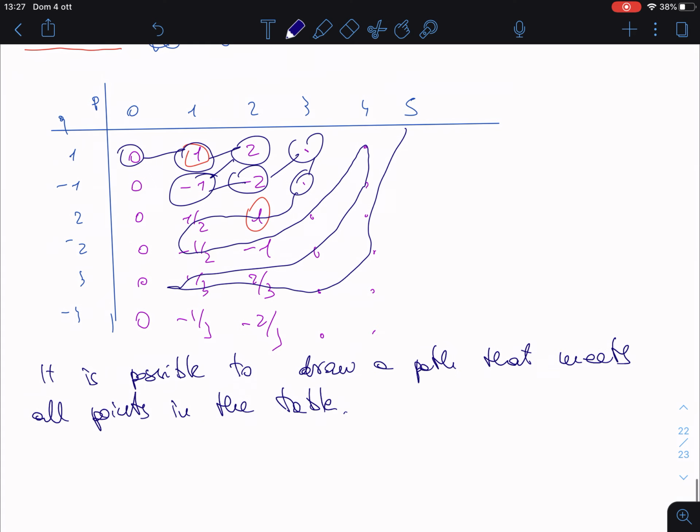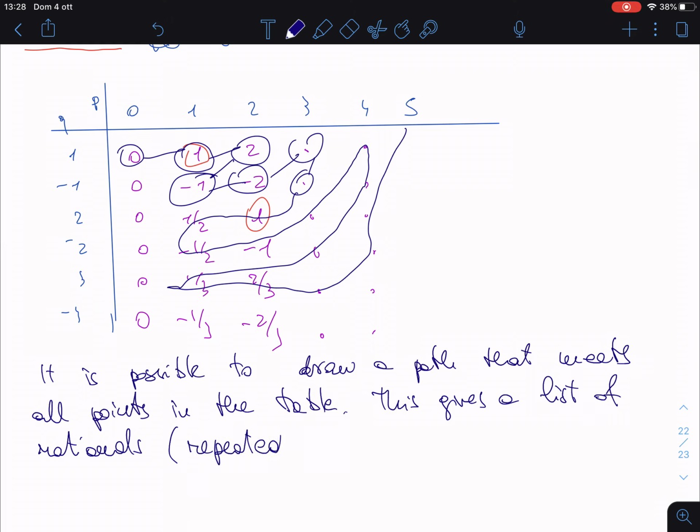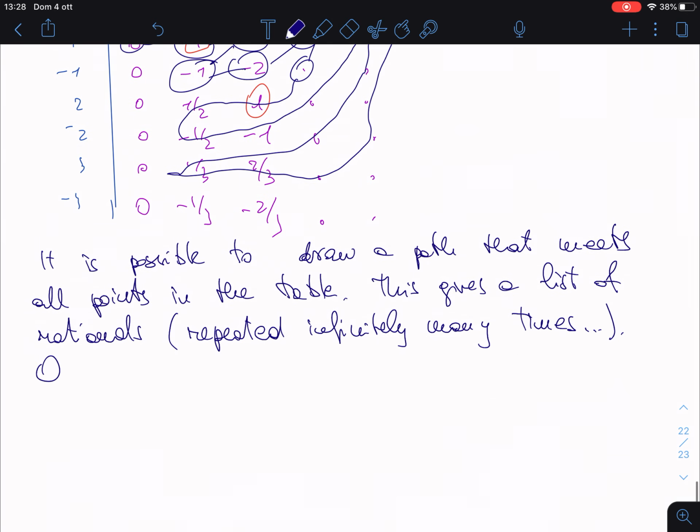This gives automatically a list of rationals. Moreover, these rationals are repeated infinitely many times. Therefore, Q is countable.